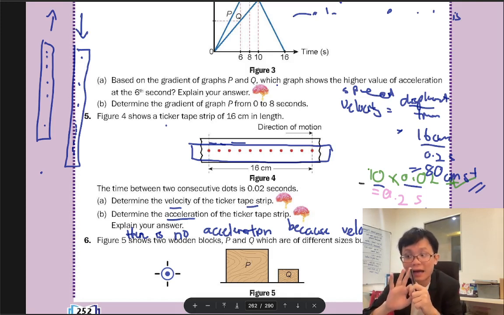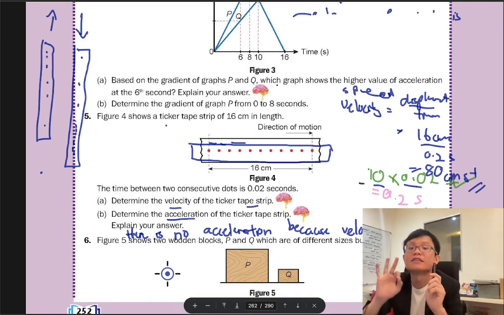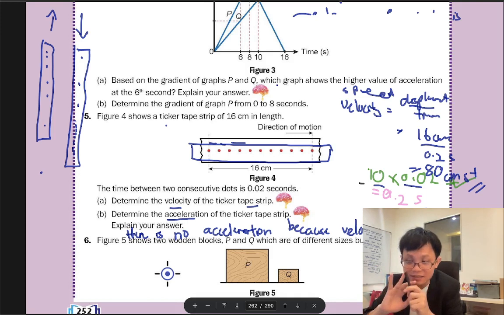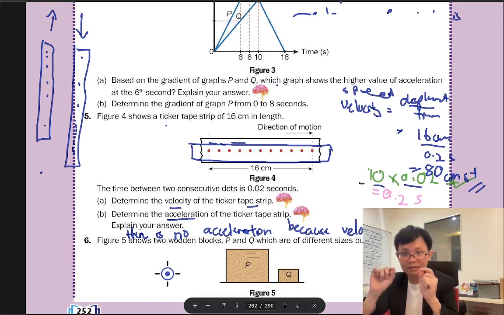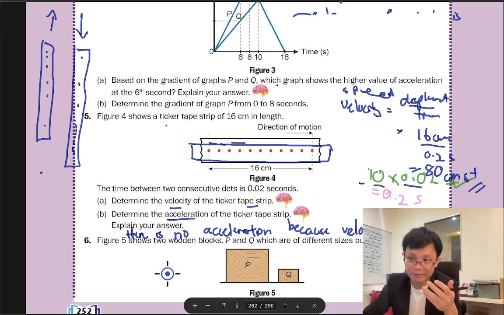For the first mark, the answer will be there is no acceleration. Why no acceleration? Because the velocity is the same when the object travels. Why is the velocity the same? Because the distance between every 2 dots is the same. Therefore, when you divide by the time, you still get the same number.